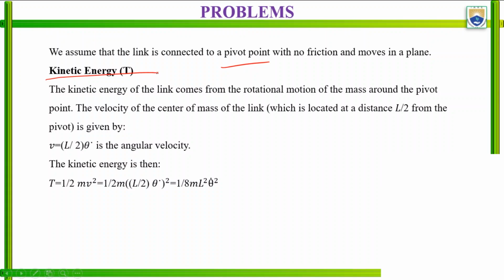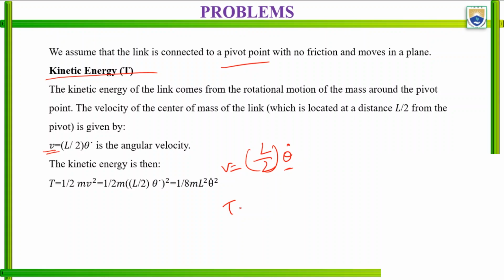The kinetic energy will be taken as T, and the velocity is written as v equal to L by 2 into theta dot. Since this is angular velocity, we have taken theta dot.